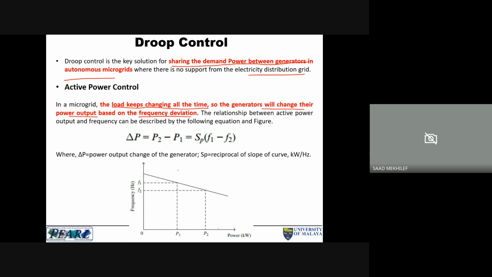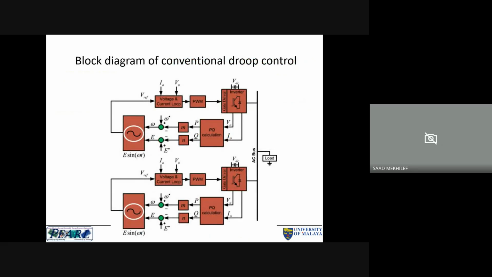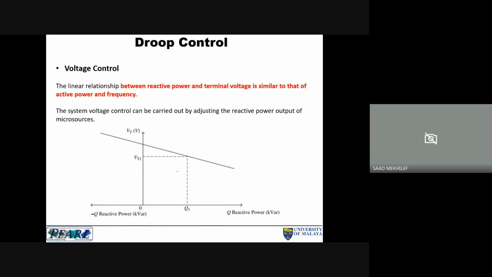The same goes for the voltage control. There is a linear relationship between reactive power and the voltage, so whenever there is a change in reactive power or the voltage, for example, let's take this point here.